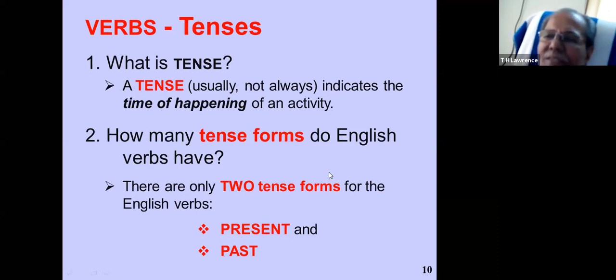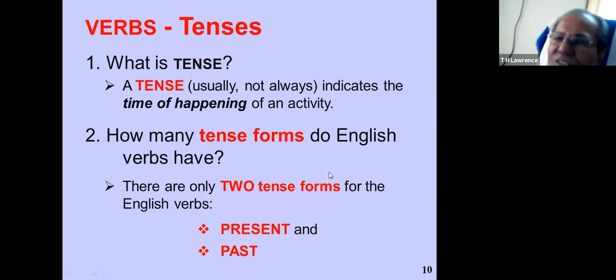Here, when we classify verbs in terms of tenses, we should know what a tense is. So what is tense? See the definition: a tense usually, but not always, indicates the time of happening of an activity.